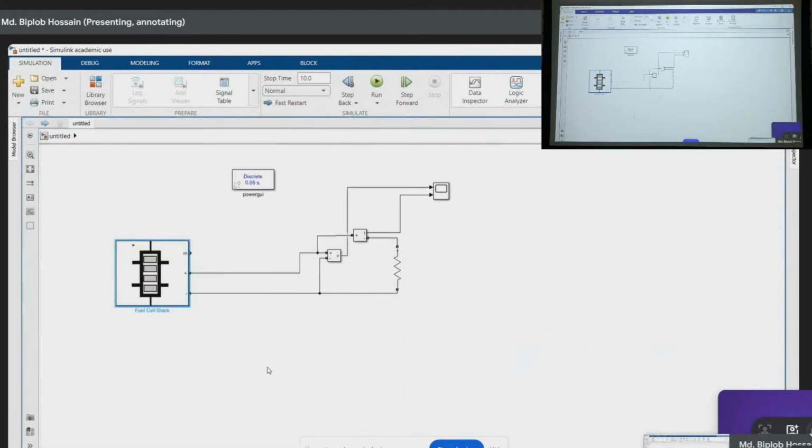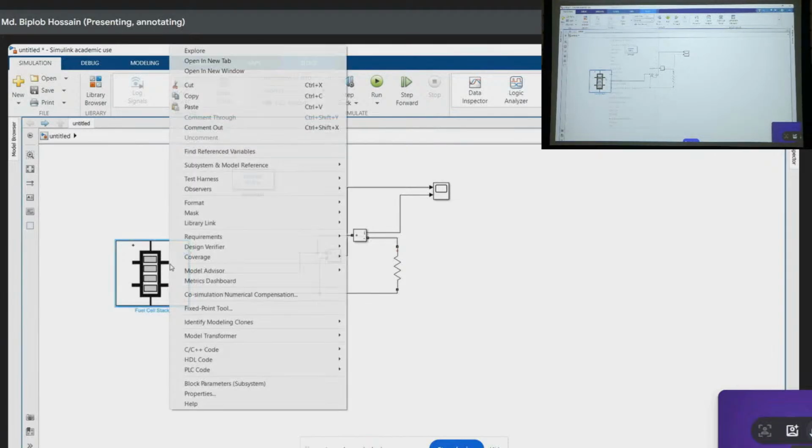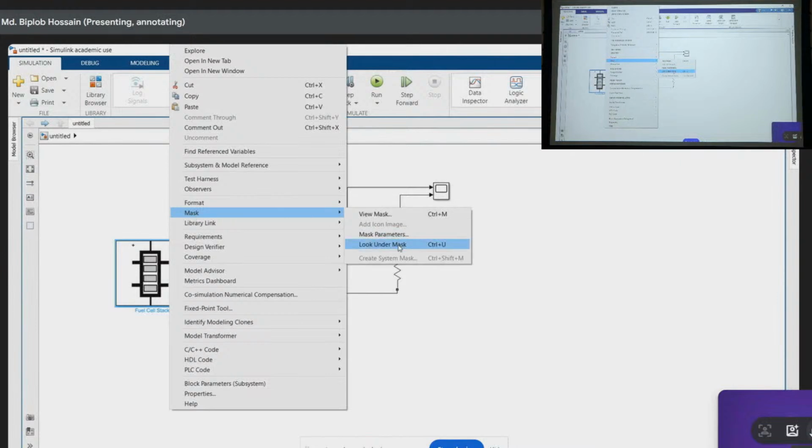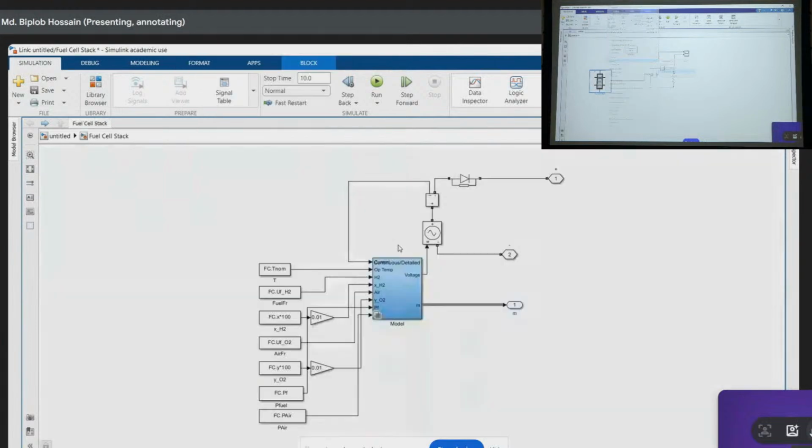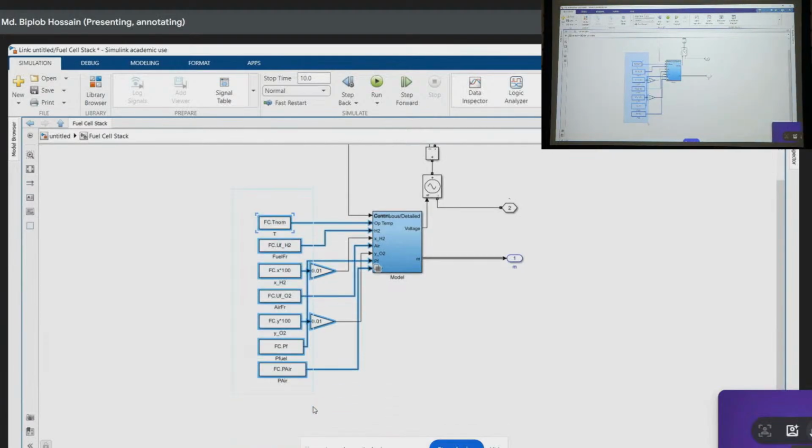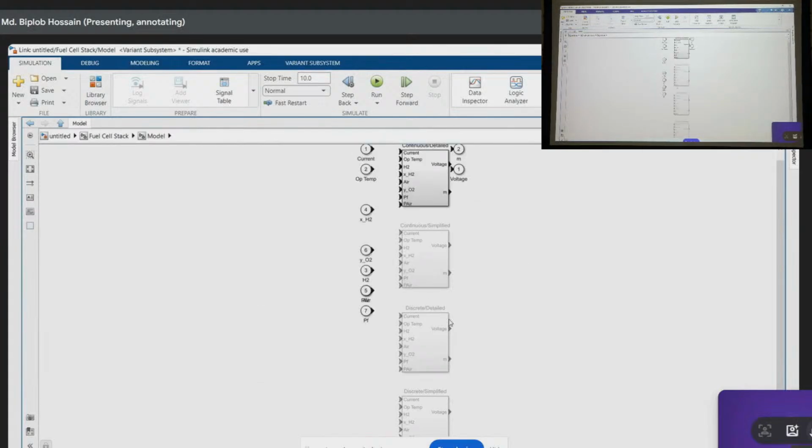So, for example, if this is the block, how can this block be built? You right click, then go to mask, look under mask. It is basically based on the mathematics. All the inputs are given here, you see the air pressures and everything. This is the model.